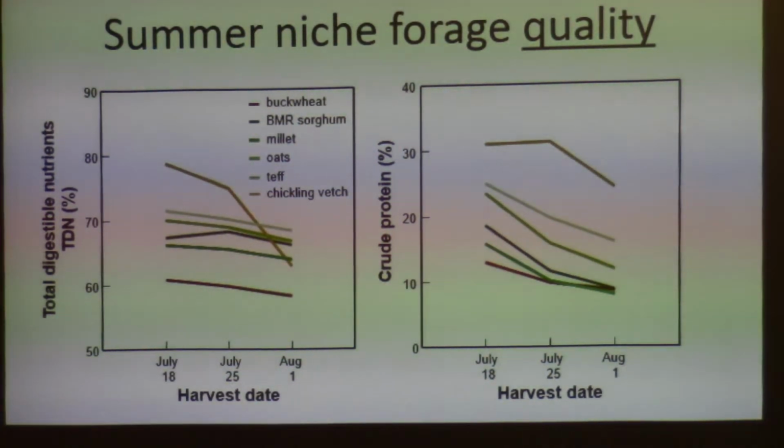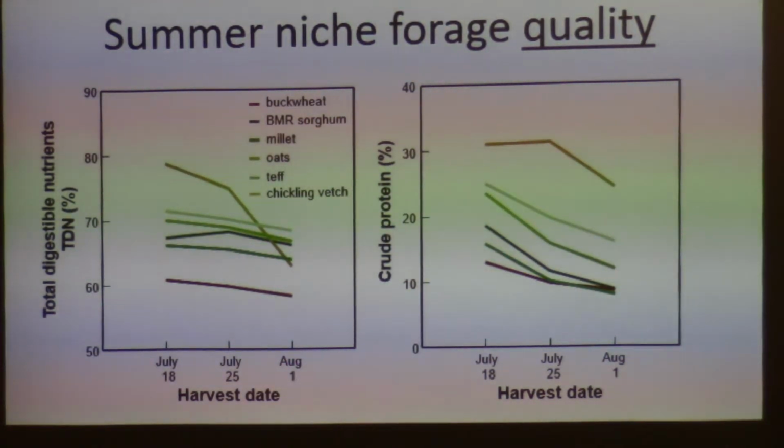And I'll also point out that our highest dry matter producing species, which was buckwheat, is actually our lowest in terms of these 2 indices of quality, right? There's the buckwheat, there's the buckwheat. And that our lowest producing dry matter species, which was the legume, chickling vetch, tends to be the highest. But again, it depends on when you harvest too.